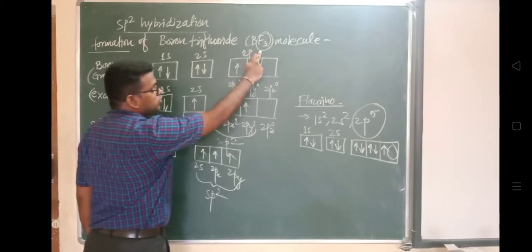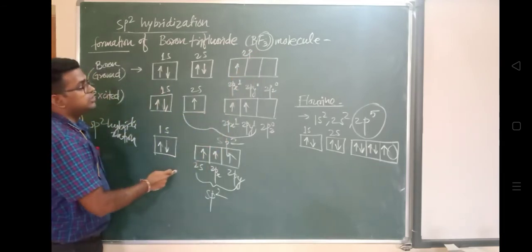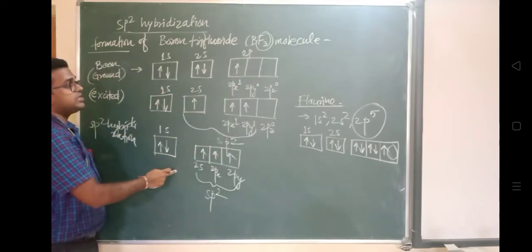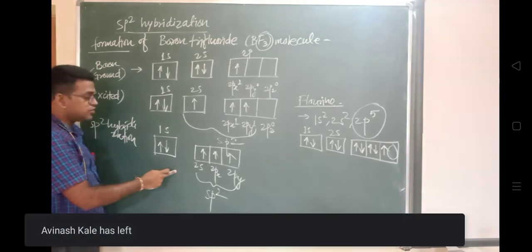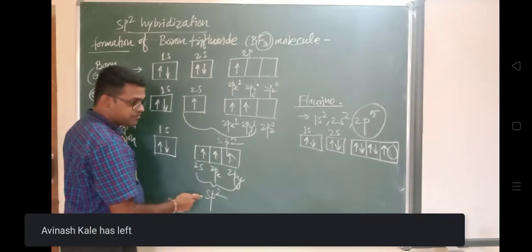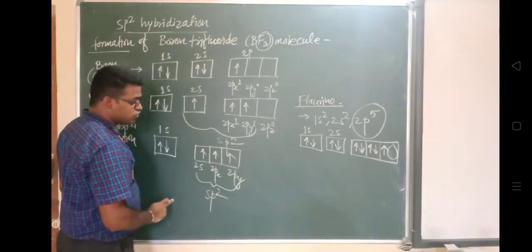The orbital overlap: each sp2 hybrid orbital of the boron atom having an unpaired electron overlaps axially with the half filled 2pz orbital.